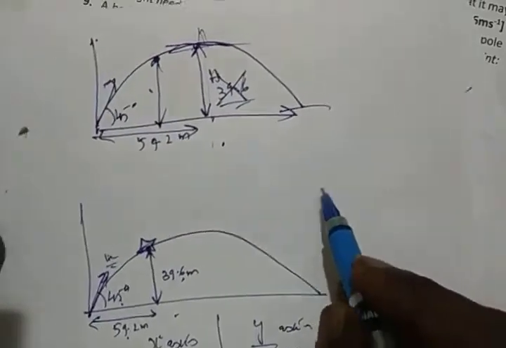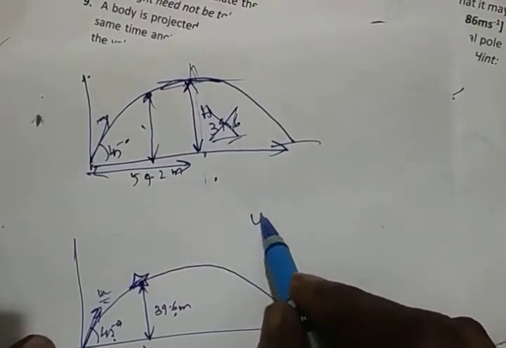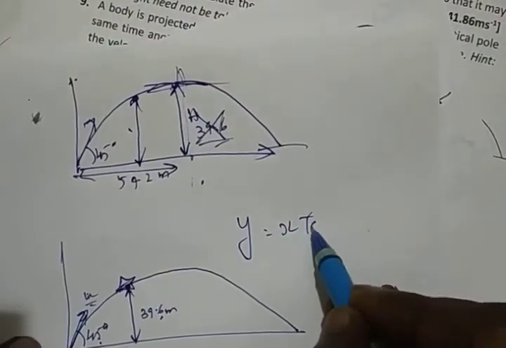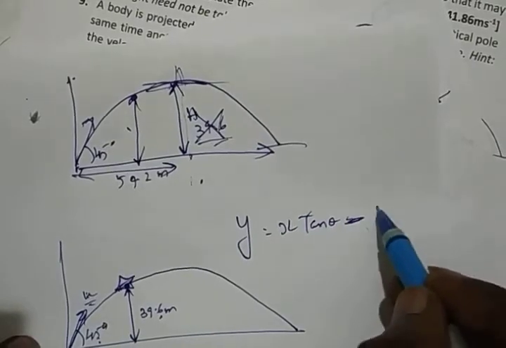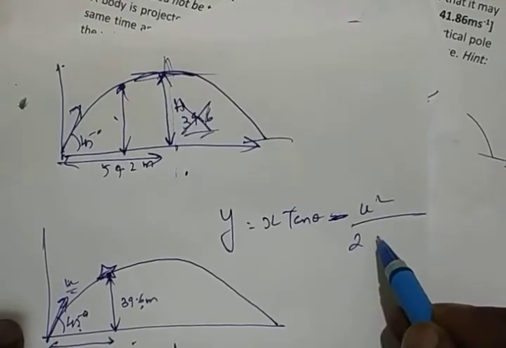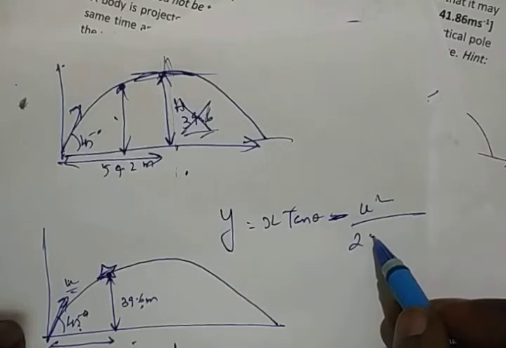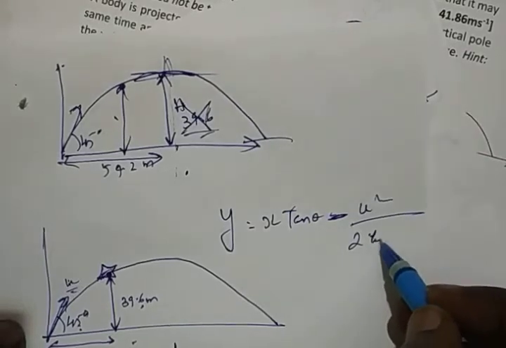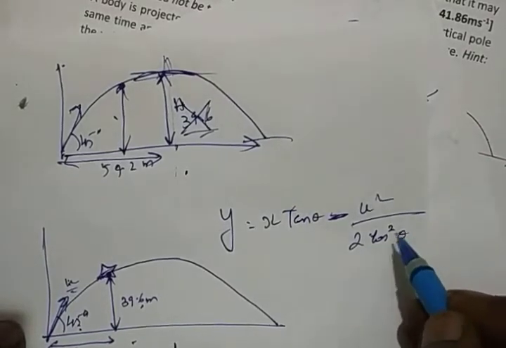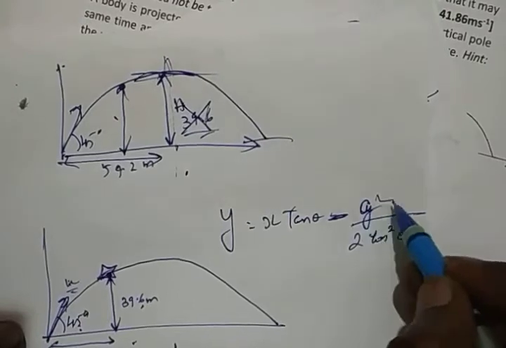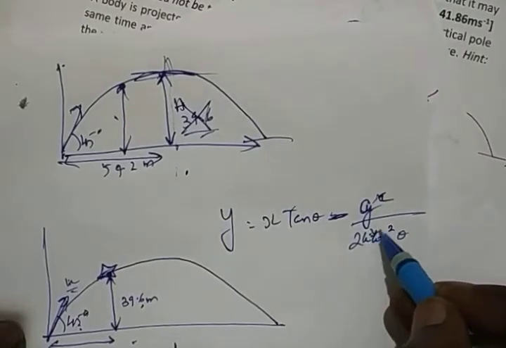So what is the formula? y is equal to x tan theta minus g x square upon 2 u square cos square theta.